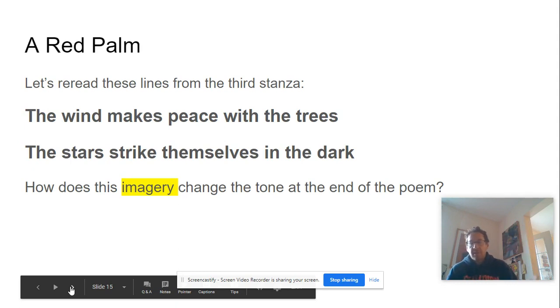It's like an acceptance. The tone seems to be much more peaceful in a sense, and the word peace is actually in there, but it's calm, it's peaceful, it's the way things should be. Should a man work as hard as he has to?